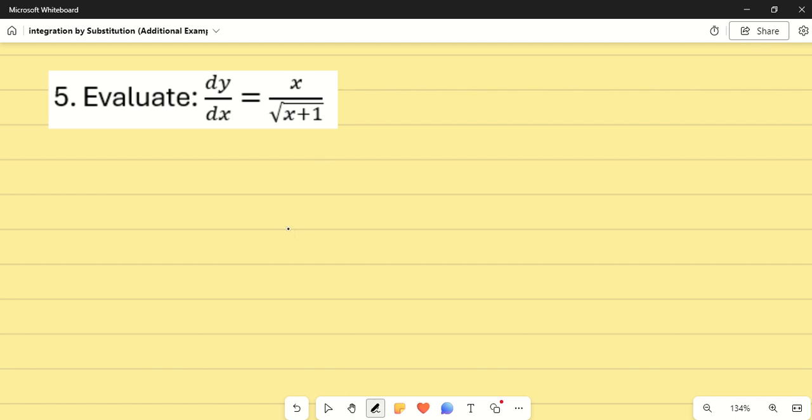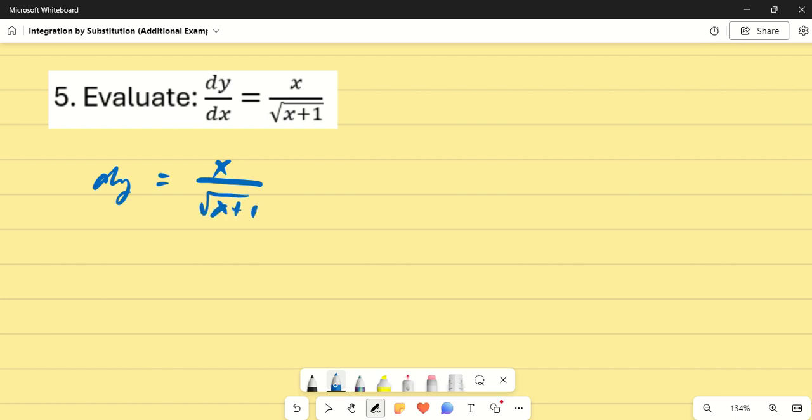So the first thing that we need to do is to cross multiply, maybe change the color of our pen. So we have here your dy is equal to x all over square root of x plus 1 times your dx. Okay.